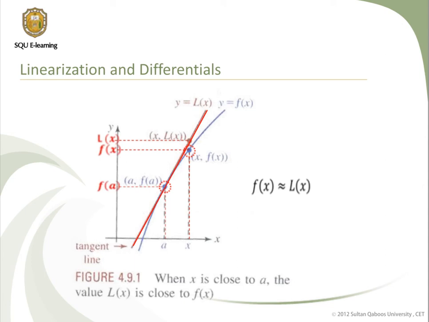So f of x is approximately equal to L of x. How to find the value of L of x? Well, from the equation of your tangent line: L of x is equal to f of a plus f prime of a times x minus a.